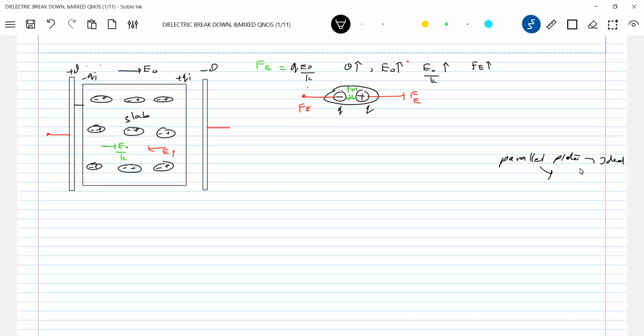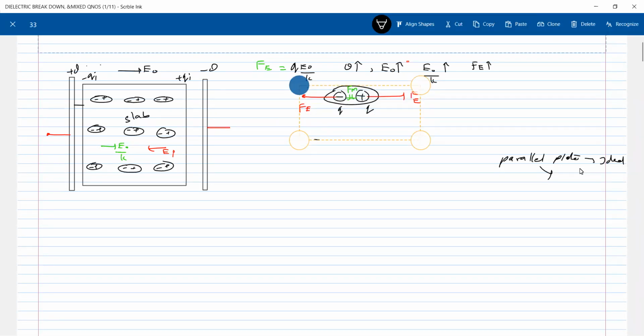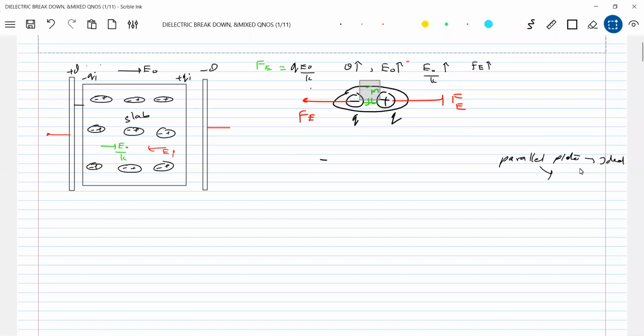So at one particular instant, if Fe is greater than Fm. I think it's clearly visible, no? Fm is the molecular force here. At one instant, if Fe is greater than Fm, what will happen to the particular atom?